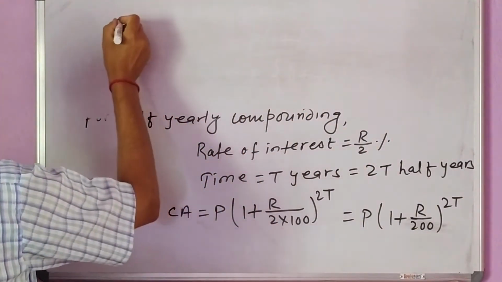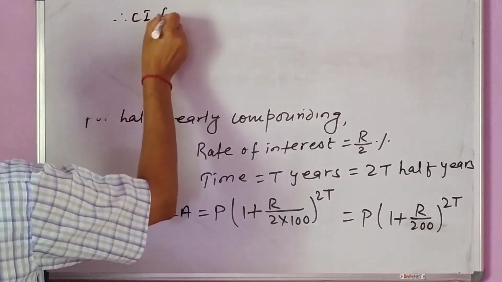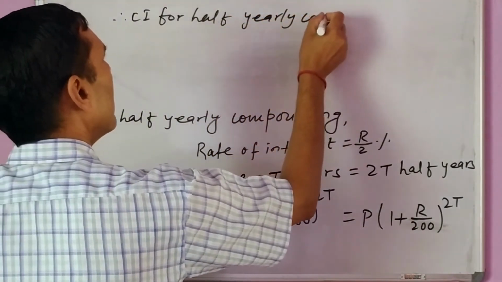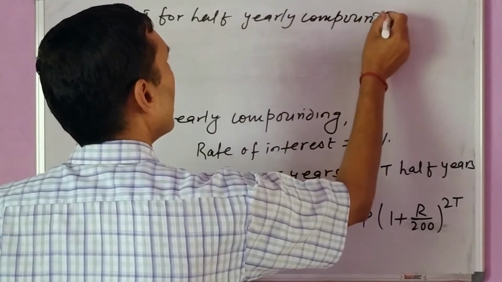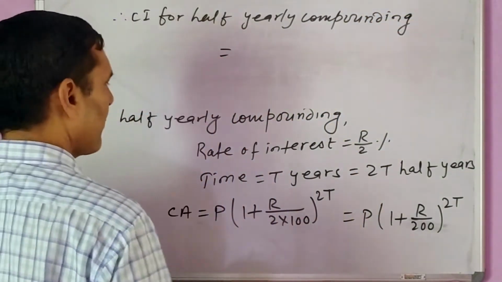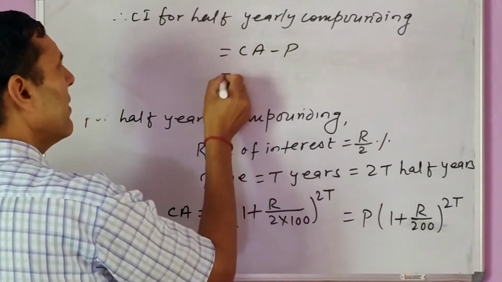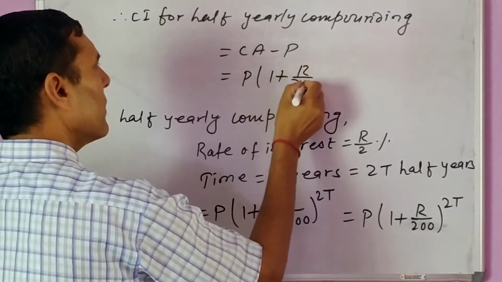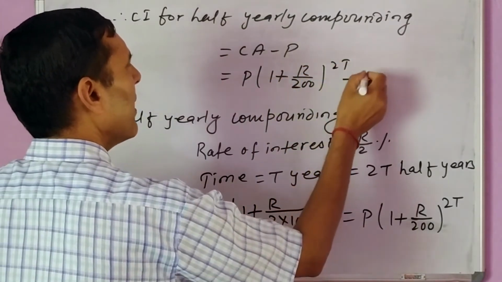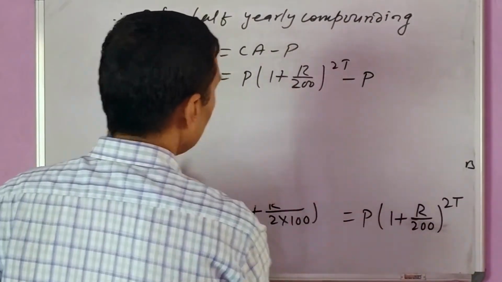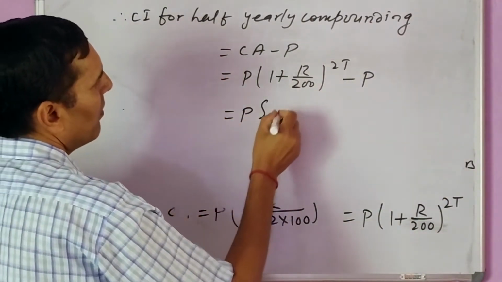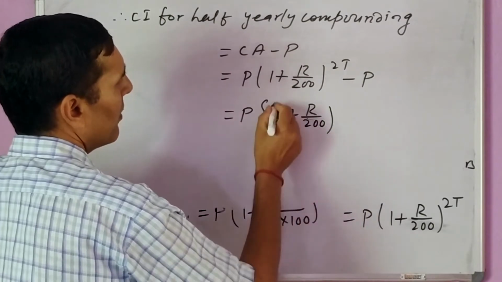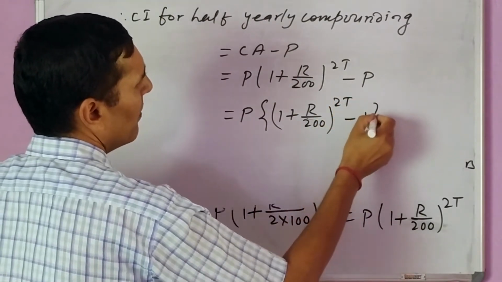Therefore, CI for half yearly compounding is equal to CA minus P. CA is P times 1 plus R upon 200 to the power 2T, minus P. So if you take P common, it is 1 plus R upon 200 to the power 2T minus 1.